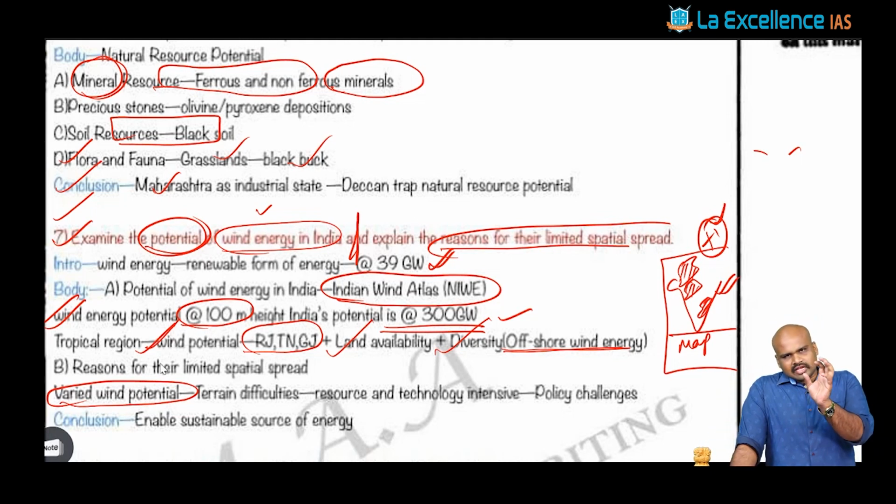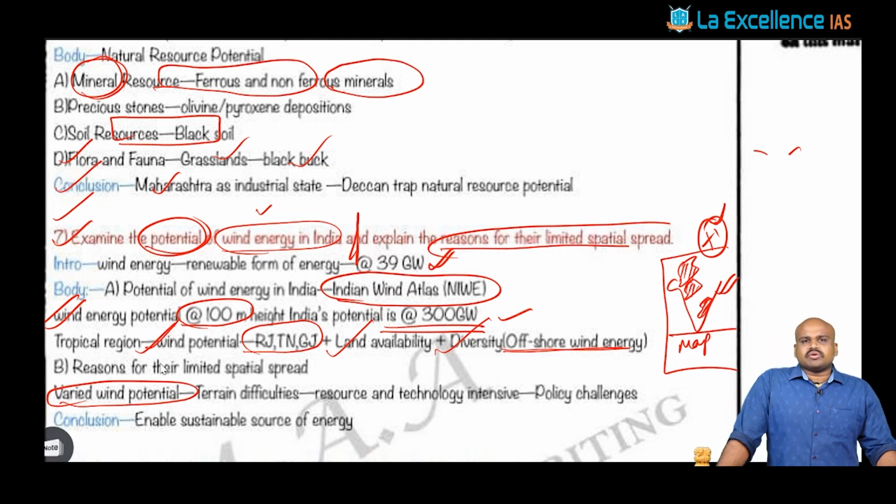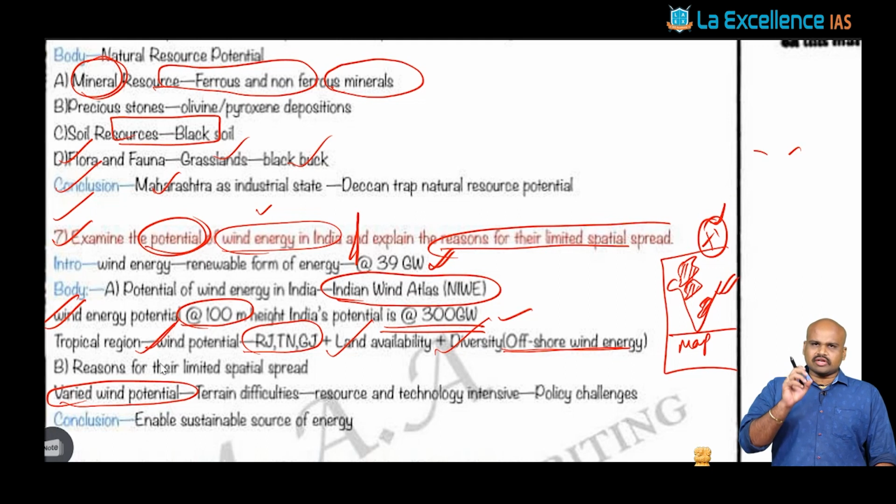And you know that for any wind system to originate, there are three fundamental forces, right? One force is the pressure gradient force that we generally discuss in the class. Apart from that, we also talk about the Coriolis force. The third kind of force needed for any wind system to originate is the frictional force. So it's an interplay of these different forces, and the dominating force in such a wind system is the pressure gradient force.